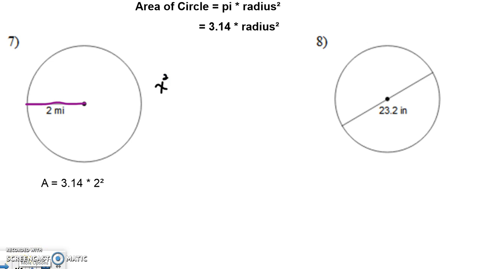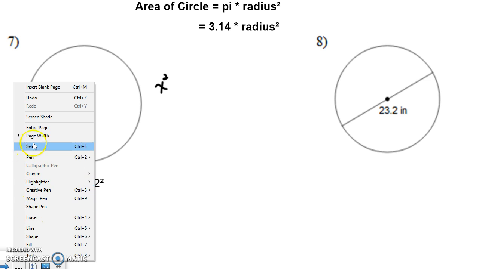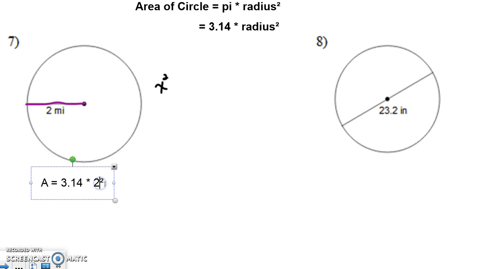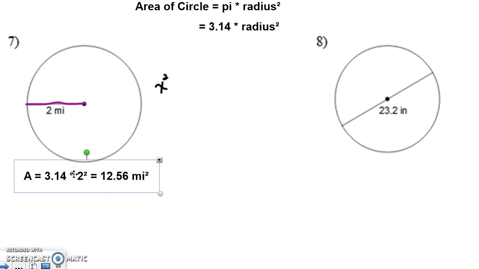So when you type in 3.14 times 2 squared, you should get 12.56. And then our units are miles again, so it's miles squared, because we're still talking area, so our units are always squared. So that is the answer to question number 7, 12.56 miles squared.